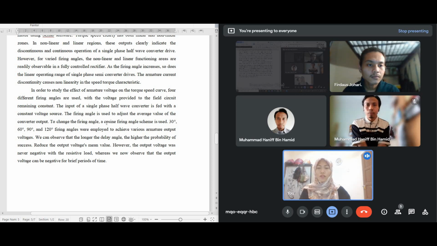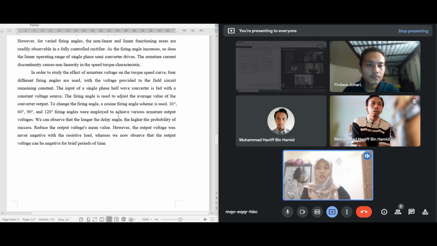And to change the firing angle, a cosine firing angle scheme is used. Firing angles were employed to achieve various armature output voltages. We can observe that the longer the delay angle, the lower the mean value of the output voltage, however the output value was never negative with the resistive load.